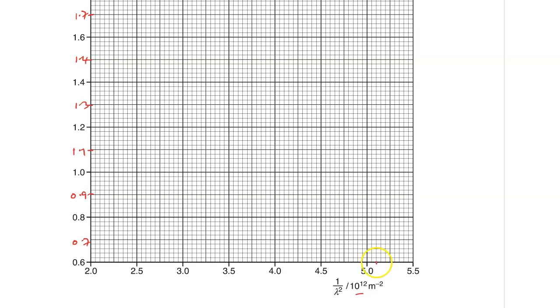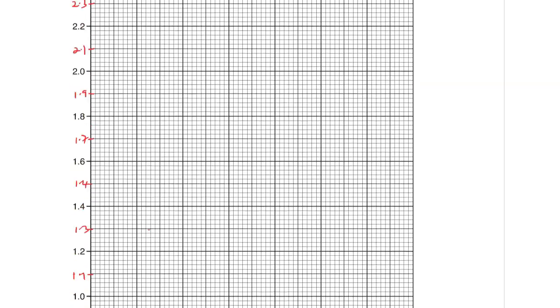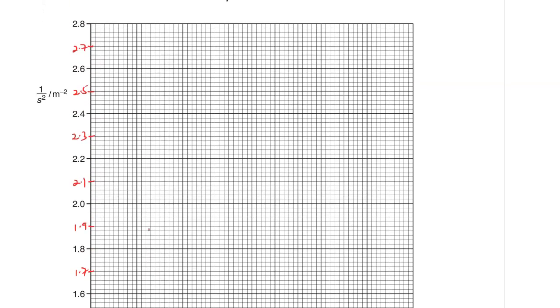This is 1, 2, 3, 4. So 5.4 is here. 5.4 times 10 raised to power 12. We plot it against 2.6. 2.6 here. So 5.4 is here. 2.6. Right there.